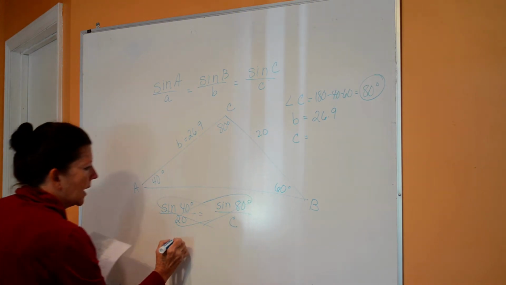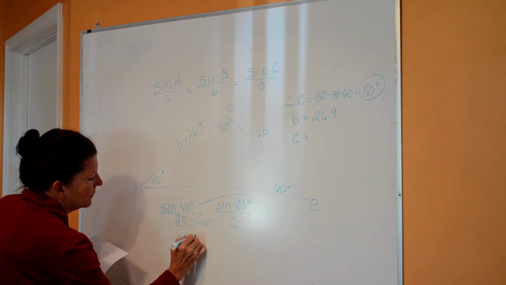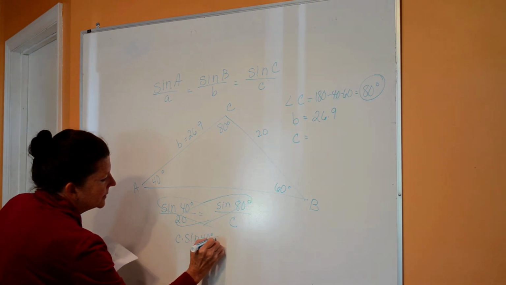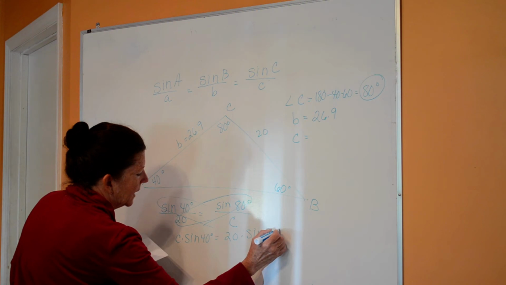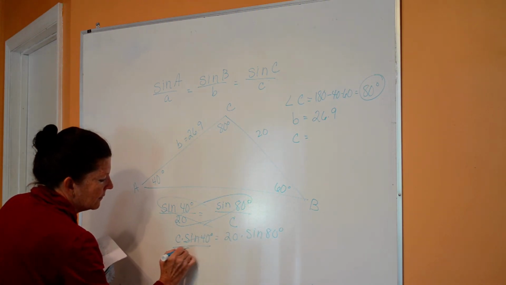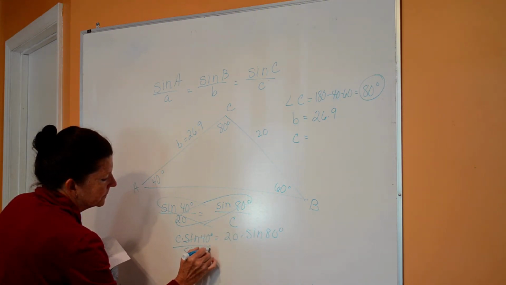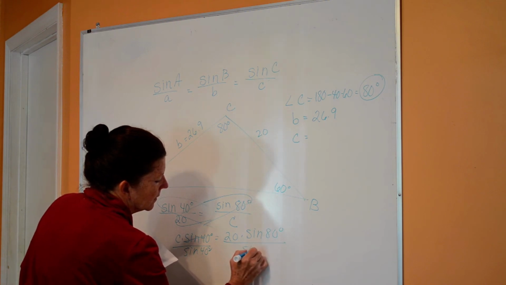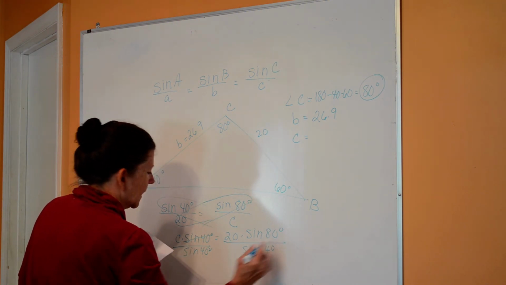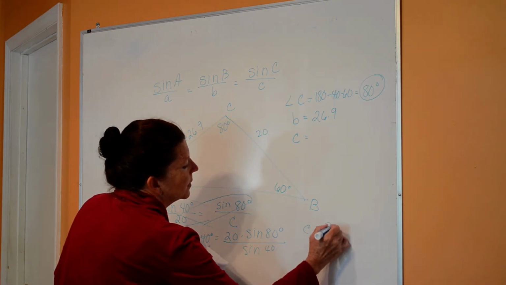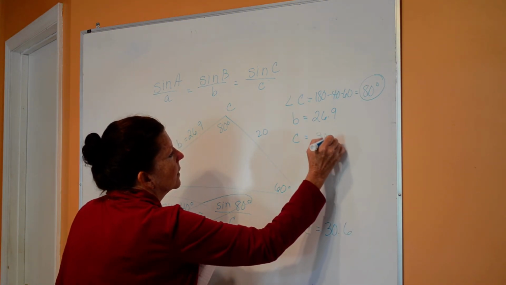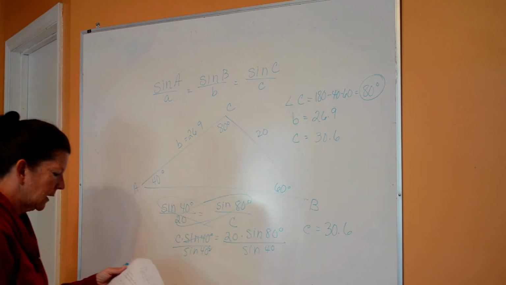So I've got c times the sine of 40 is equal to 20 times the sine of 80. And I'm going to divide both sides by the sine of 40. And it's going to give me c is equal to 30.6. And then I've solved the triangle.